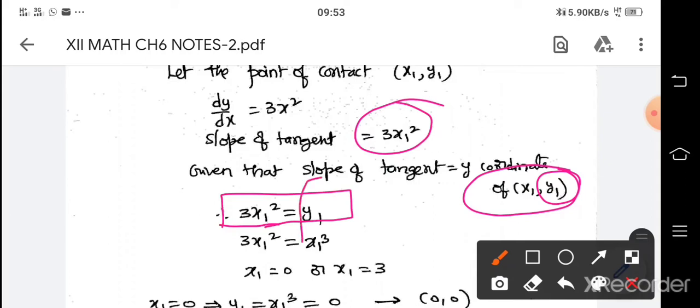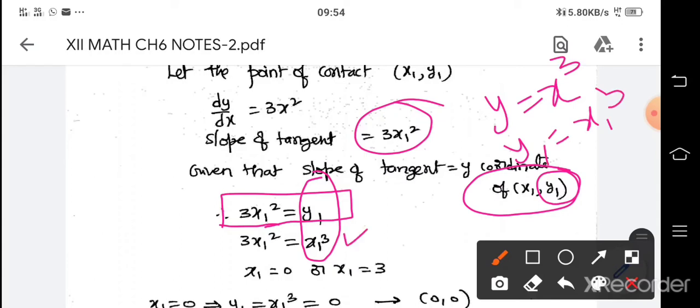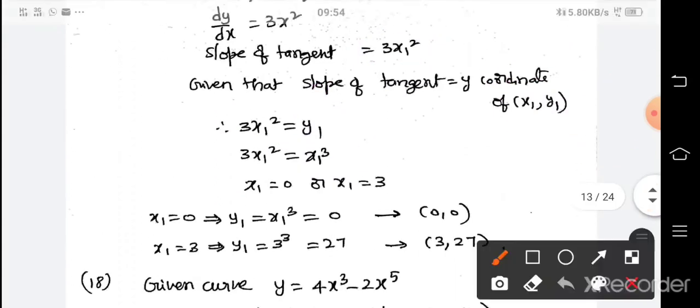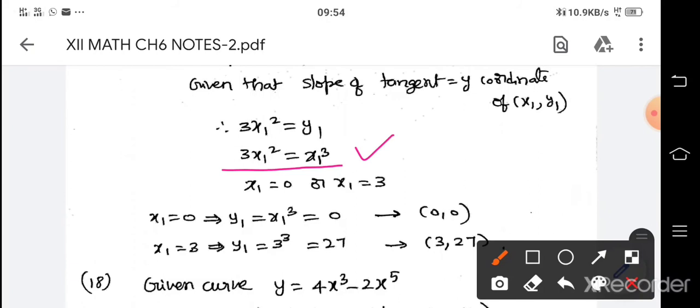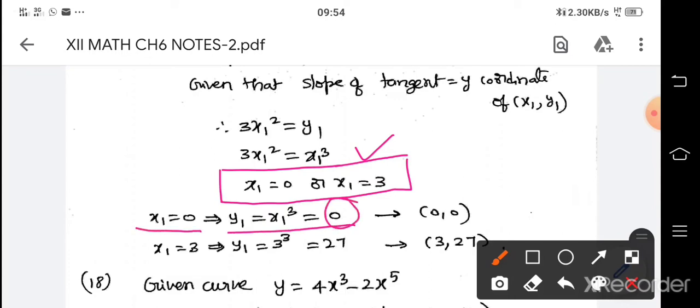But we know very well that the y1 value can be substituted by x³. Reason? The given curve equation is y = x³, so y1 = x1³. So I substituted: 3x1² = x1³. Solve this equation, you get x1 = 3 or x1 = 0. So when x1 is 0, y1 = x1³, which is 0. When x1 is 3, y1 = 3³, which is 27.